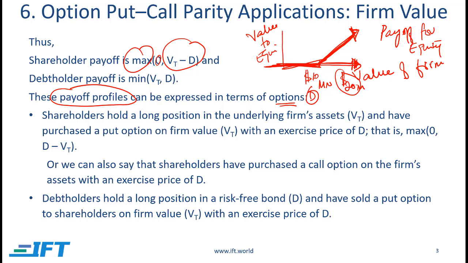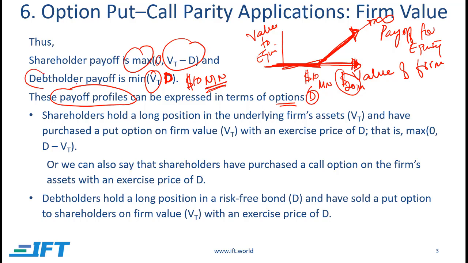So the payoff to the shareholder can be as high as infinity or as low as zero, but for the bond holder the payoff is capped at their debt amount, which is 10 million, or it can go as low as zero if the value of the firm falls below this 10 million and keeps falling, right?